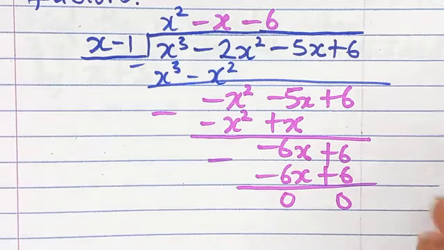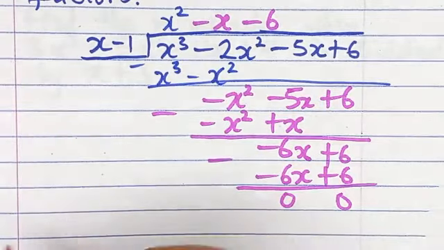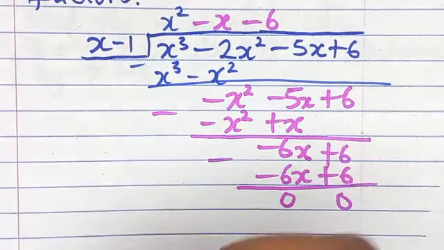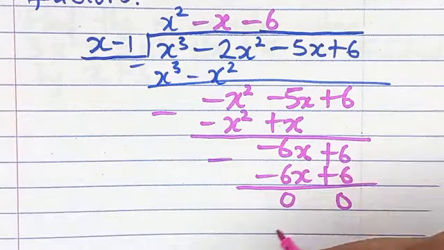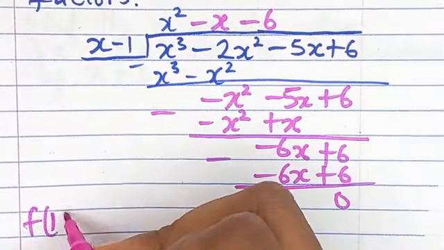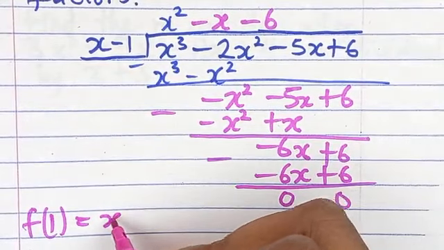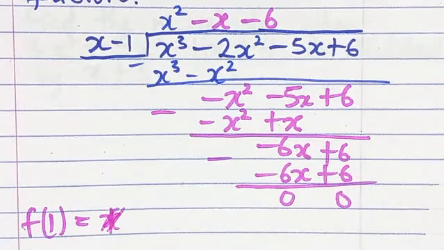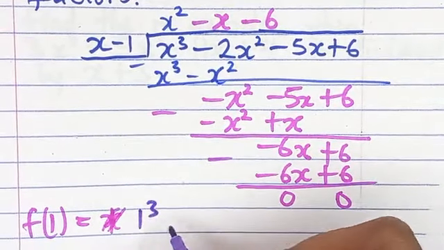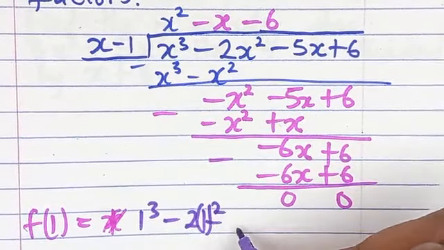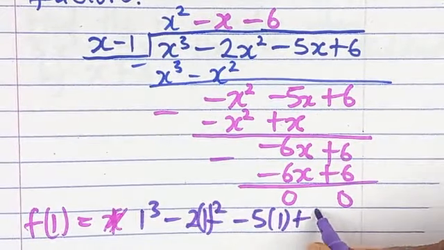And then to prove what we've been saying before, that when we have the function, let's have this function as we substitute the opposite sign of the divisor into that function, that is f of, this becomes plus 1, f of plus 1 is equal to x, that is 1, that is 1 raised to power 3 minus 2 into 1 raised to power 2 minus 5 into 1 plus 6.